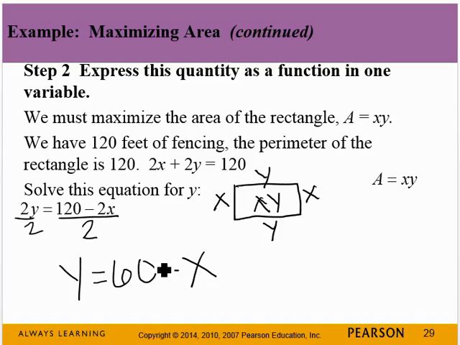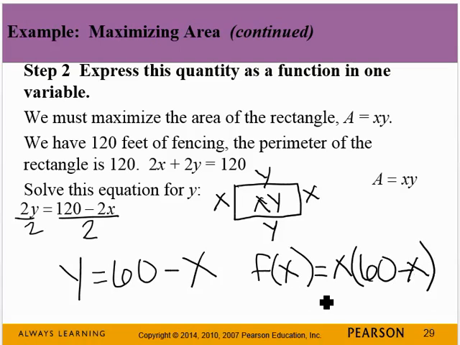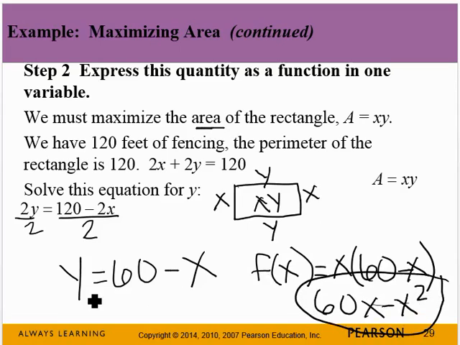So that means if this is y, my area is going to be x times y. So I have 60x minus x squared. Because remember, you're looking for the area. So this is how I'll find my area.